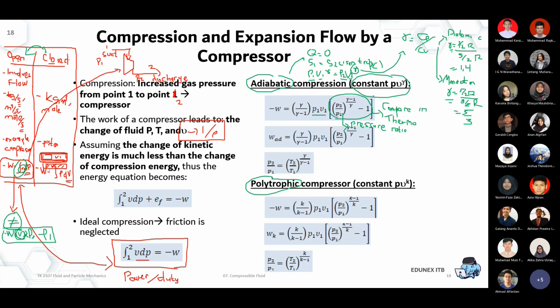From 1 bar to 3 bar, we're talking about 3 per 1, a pressure ratio of 3. Why? Because you can see the duty is expressed as a function of the pressure ratio, not delta P. That part looks the same as the adiabatic compression being taught in thermodynamics.